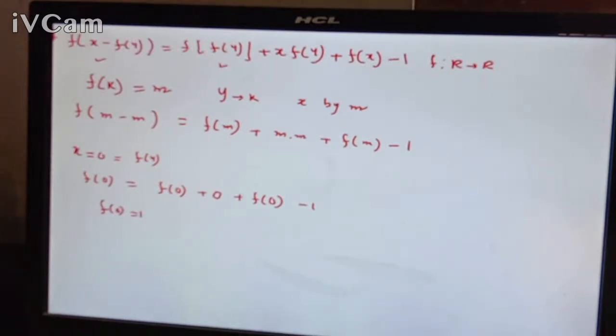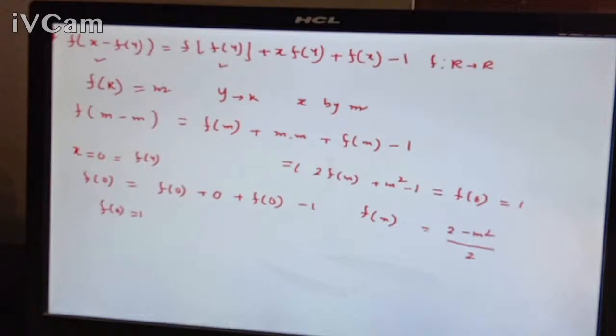Hence, from that step, I can say that 2f(m) plus n square minus 1 equal to f(0) equal to 1. Hence, f(m) equal to 2 minus n square by 2.